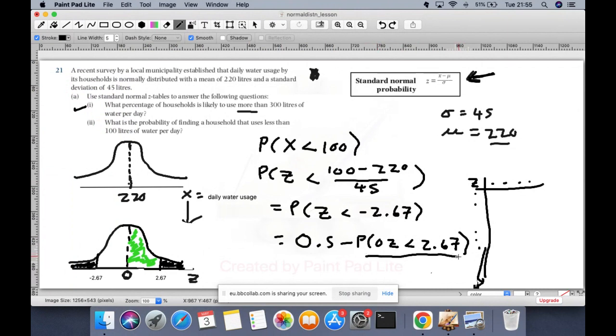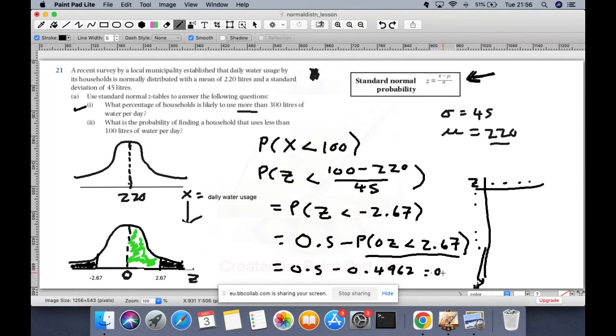And this you can get from your table in the back of your book. That becomes 0.5 minus, and this area I believe is 0.4962. So do that as an exercise to confirm this. And if you subtract that, the final answer is 0.38%.